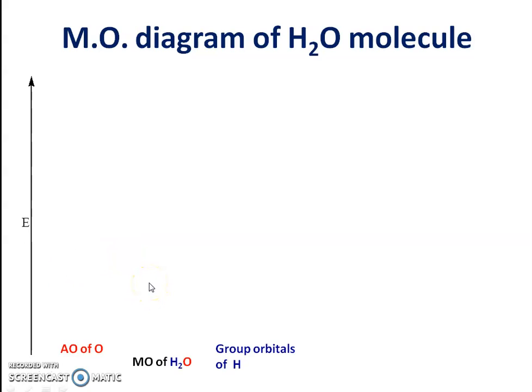of bond formation, and therefore in the valence shell there is a 2s atomic orbital. This is the 2s atomic orbital, and there are 3 p orbitals, 2px, 2py and 2pz. They are degenerate in terms of energy, their energy is equal.